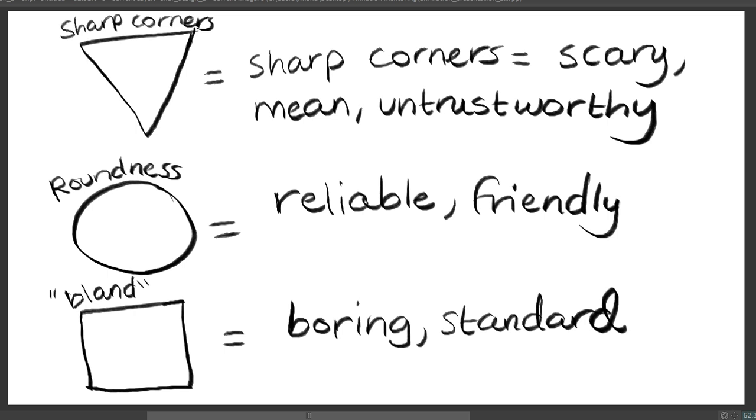So that's why sharp corners and triangles are associated with mean and untrustworthy people, and roundness is usually associated with friendly people and reliable characters. And square usually means a bland, boring person.